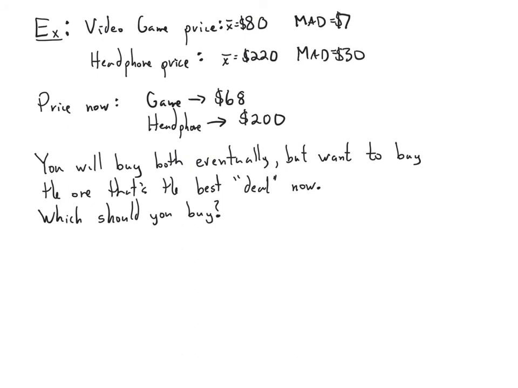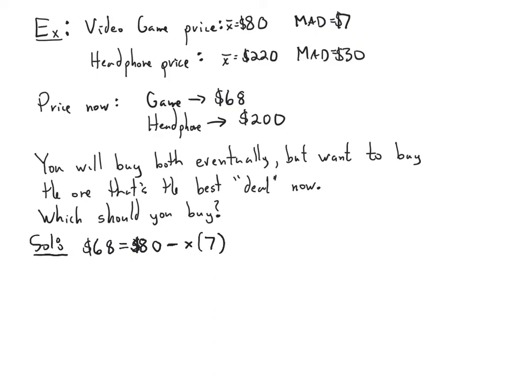So we have this price. Let's do the video game first. So the video game is $68. And that is going to be a mean of 80 minus some amount, let's call it x, MADs, x mean absolute deviations away from $80.